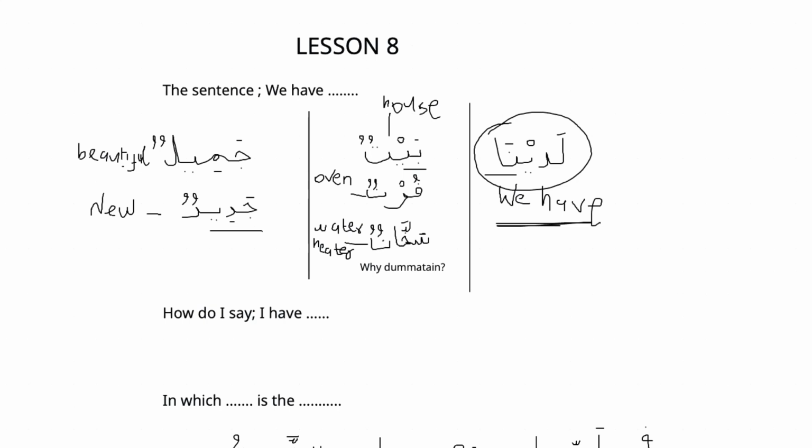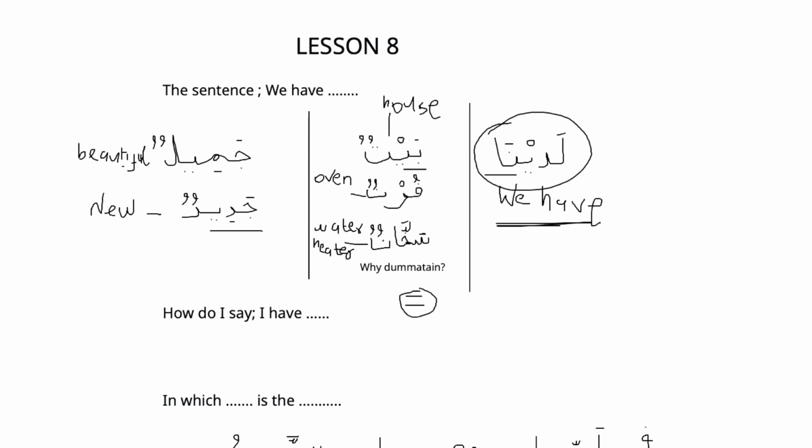Now, you might ask, we said in our previous lessons that whenever you have an object in an Arabic sentence, the object will end with a fathatain, two dashes on a letter. But then why do we have dhammatain instead?